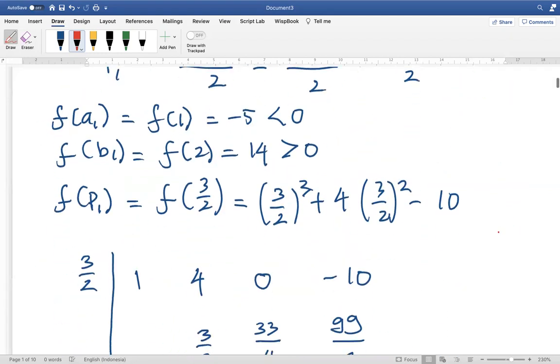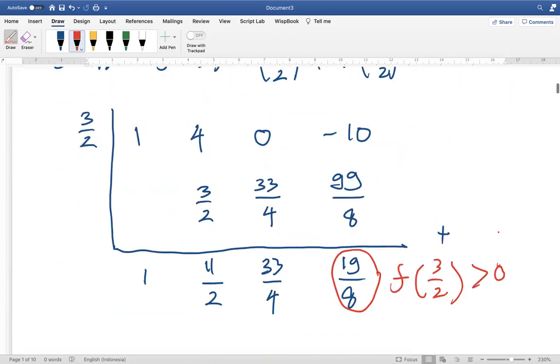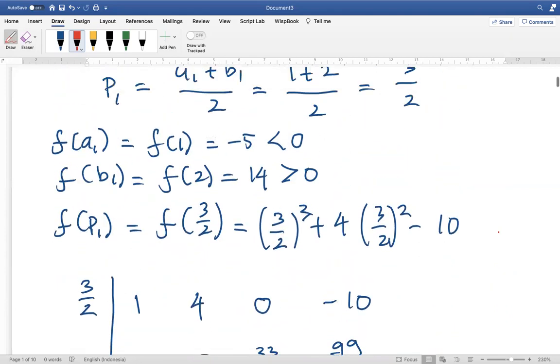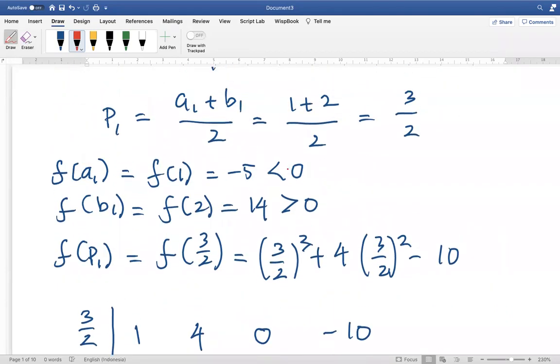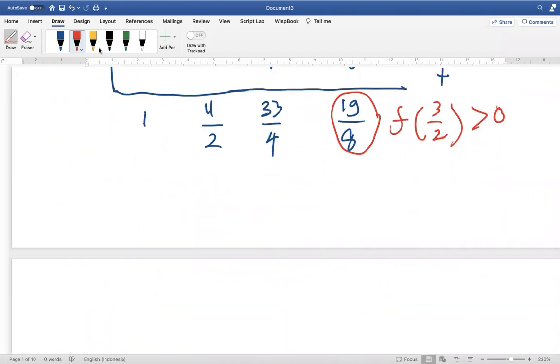Because f(p1) is positive, it has the same sign as f(b1), which is also positive. Then we remove b1.